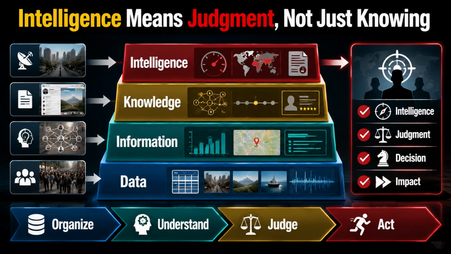This is one of the most important ideas in the course. Information is not intelligence. A company name is data. A company announcement with a date is information. Understanding that announcement together with lawsuits, hiring changes, and ownership records is knowledge. A judgment such as "partnership risk is elevated and needs more verification" is intelligence. Here is a small example. "The company changed its legal representative last month" may mean nothing by itself.